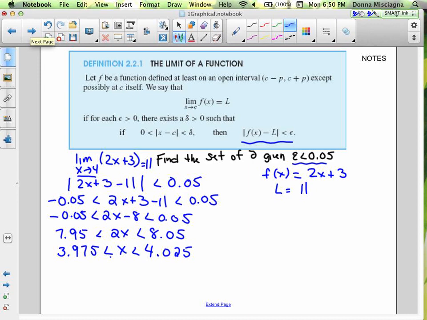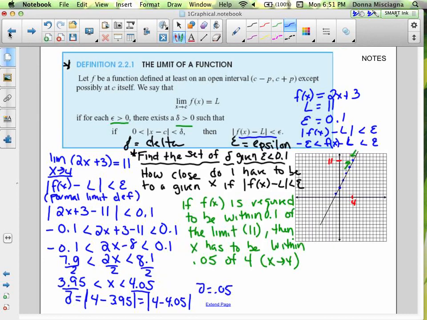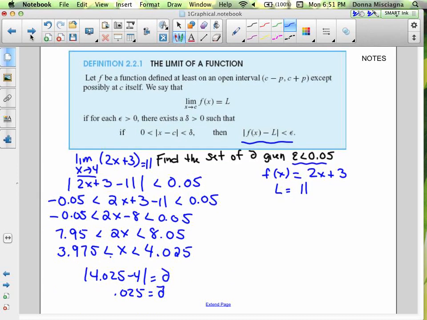Now if we subtract, we'll just pick either one of them: 4.025 minus 4 gives us our delta. So delta is 0.025. Notice 0.025 is smaller than 0.05.